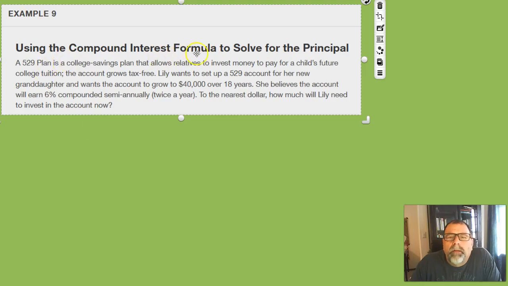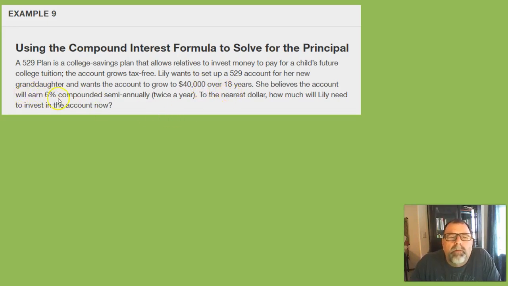Okay, using the compound interest formula to solve for the principal. A 529 plan is a college savings plan that allows relatives to invest money to pay for a child's future college tuition. The account grows tax-free. Lily wants to set up a 529 account for her new granddaughter and wants the account to grow to $40,000 over 18 years.